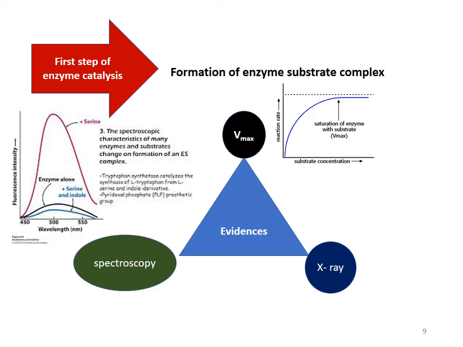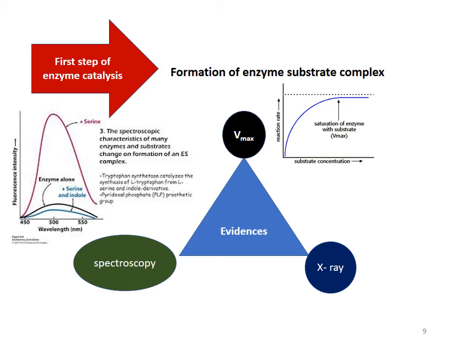Here you can see the formation of an enzyme substrate complex with serine and enzyme. Tryptophan synthase catalyzes the synthesis of L-tryptophan from L-serine. By fluorescence studies, it was found that in the presence of serine and enzyme, the fluorescence intensity was largely increased.